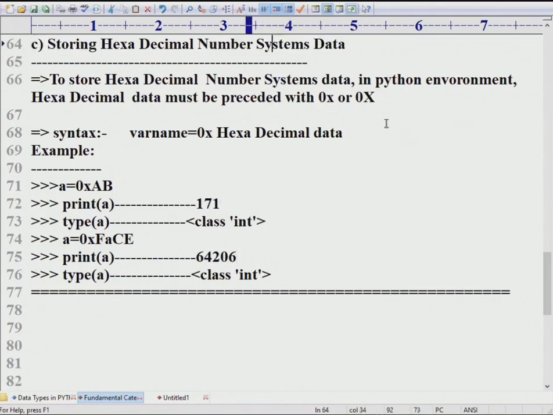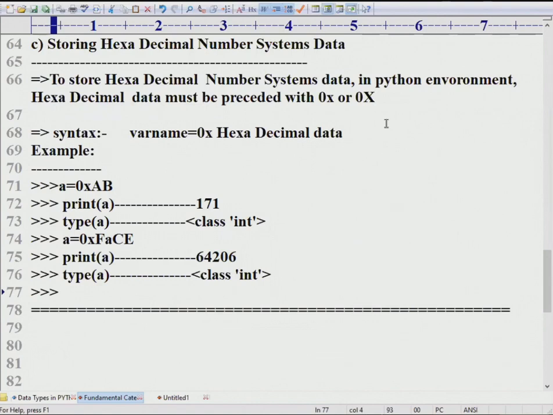Last class there is a subheading, storing hexadecimal number system data. I will write one invalid example also. A is equal to 0xACER.